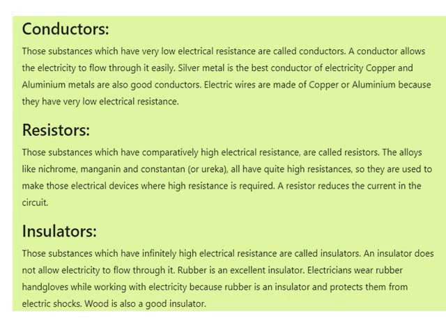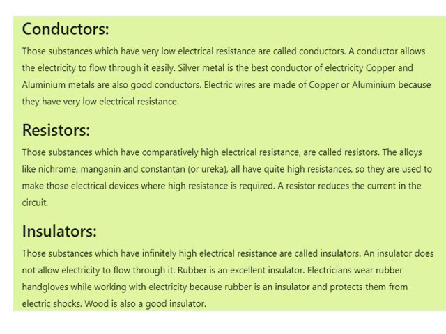Children, we have seen based on the resistance, substances are divided into 3, mainly as conductors, resistors and insulators. Now let us see how the property of resistance is in each.